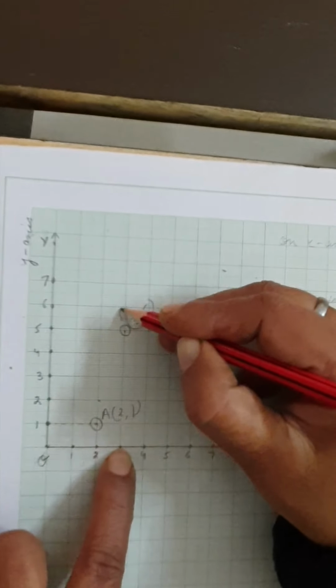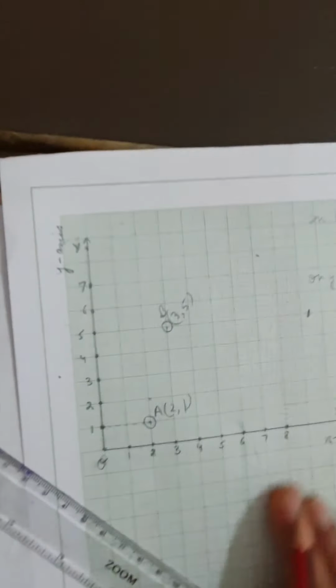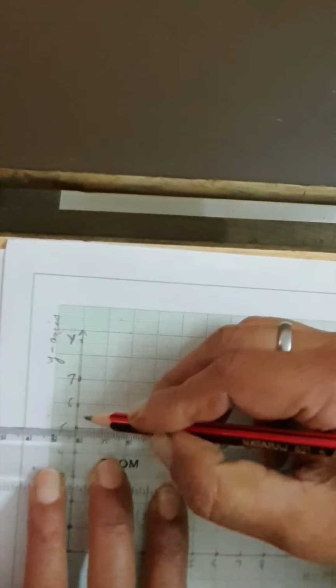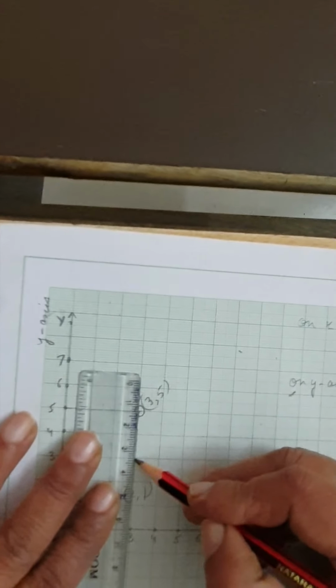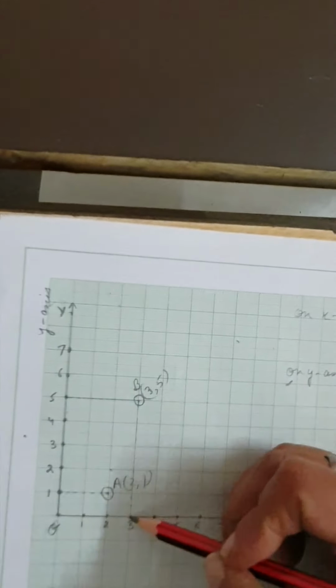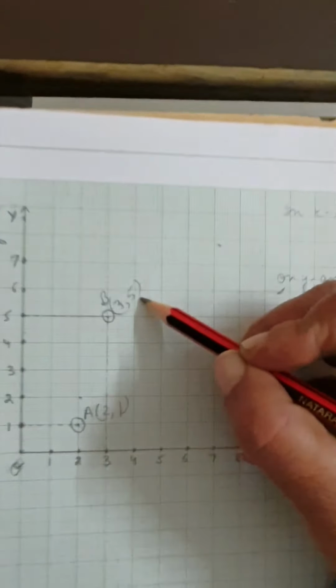This is point B. Right? You can show the dotted line. It's optional for you. That the gap is 1, 2, 3 from y-axis and 5 units gap from x-axis. So these are the coordinates here.